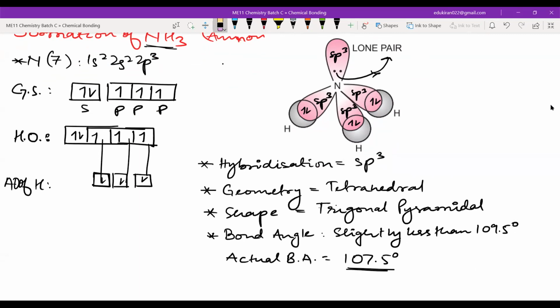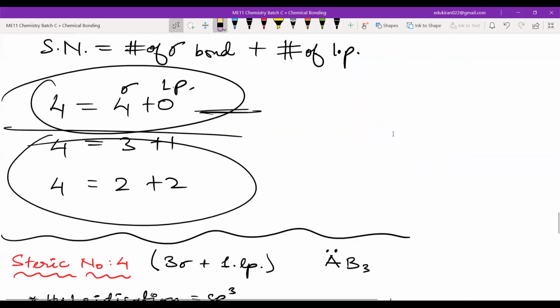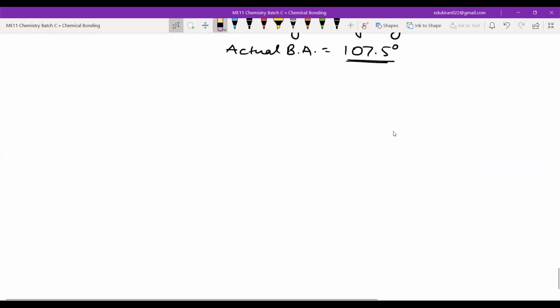Done, sir. Okay. Now here again we will go for steric number. This is 4 now. This was case 2. Case 1 was 4 plus 0. Case 2 is 3 plus 1. Steric number 4.